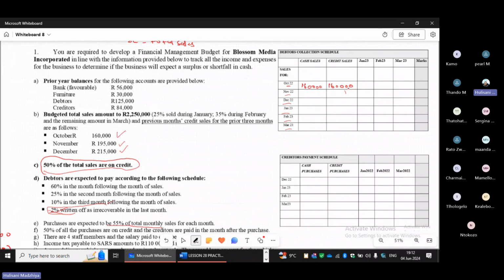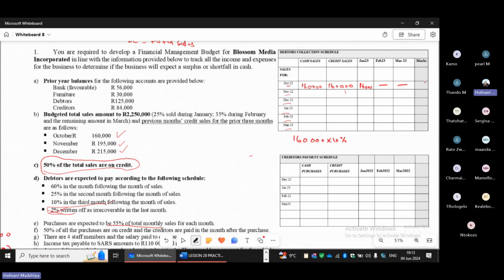Under this portion, you then say 160,000 multiplied by 10%, which gives you 16,000, and then you put the dashes over here.